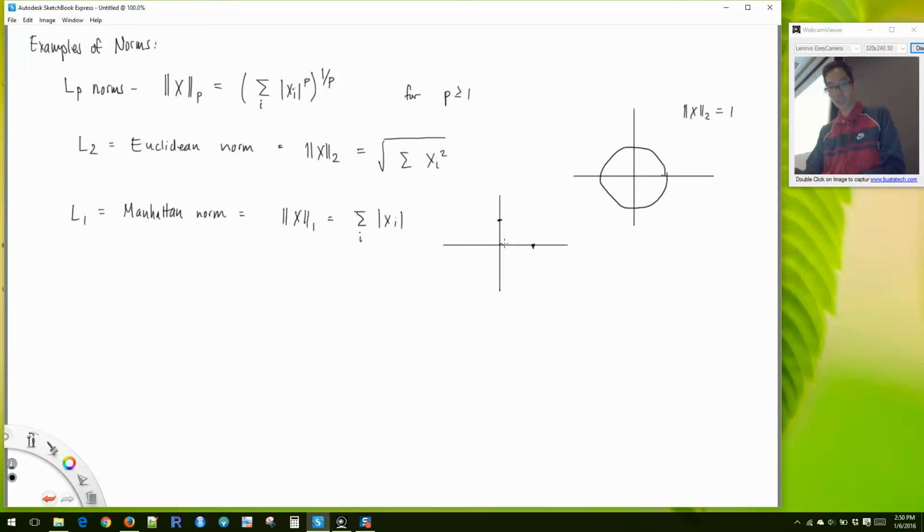If you didn't go 1 mile completely in one direction, and you made an angle, say right here, you would only get this far, right? You could go half a mile this way and half a mile that way. And so the set of points where the L1 norm is equal to 1 gives us a diamond.